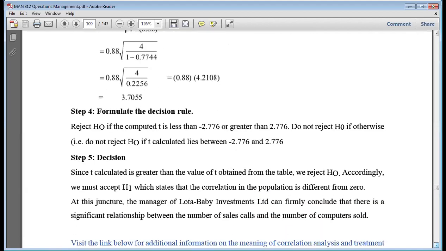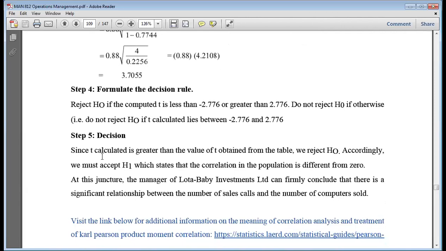So the decision now is that since T, which is the calculated one, is greater than the table one, because our calculated is 3.7055 and our table one is 2.776, have you seen that it is greater? Then that is the decision you are taking.